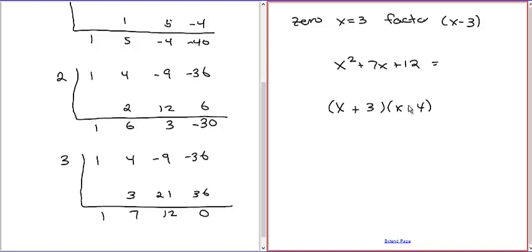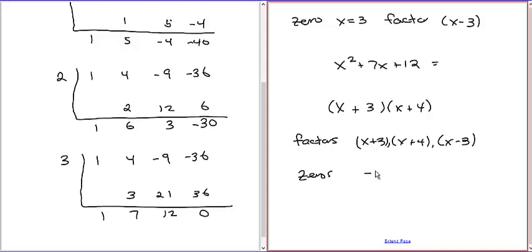They're both positive. So from that, now we have the remaining two factors. So we have x plus 3, we have x plus 4, and we have x minus 3. And then we have the zeros.